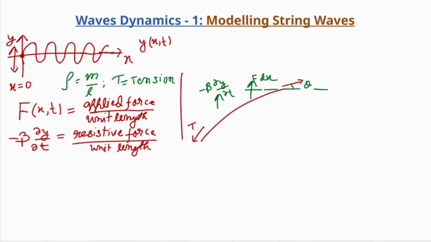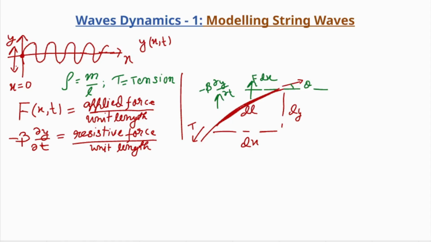Now, since we are talking about an infinitesimally small portion of the string, we can say that this portion is dy and this portion is dx, and since we are dealing with an infinitesimally small segment, the slope of the string almost remains the same, and this is dl.